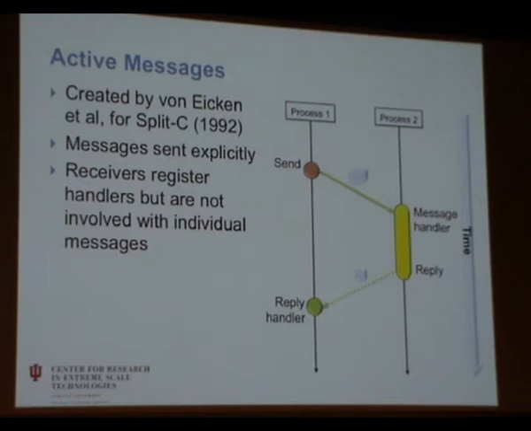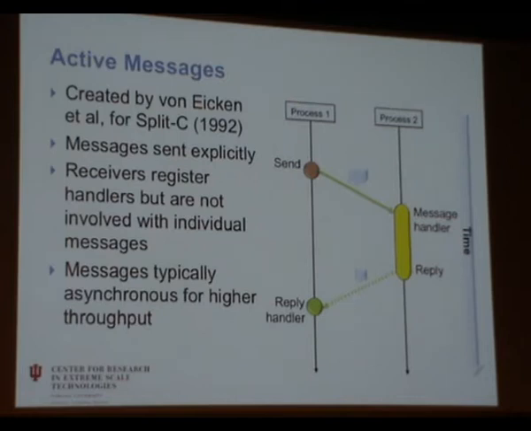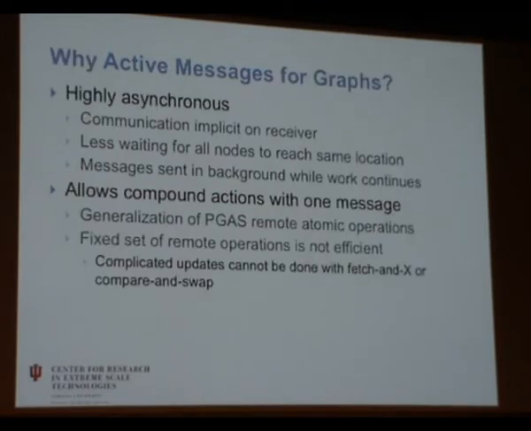So there's explicit sends but implicit receives. And in many of these models, messages are asynchronous to get higher throughput. So you have very much a fire and forget model. You can blast out a whole lot of messages and then there's some other synchronization mechanism that determines when they're done, but you don't wait for individual messages.